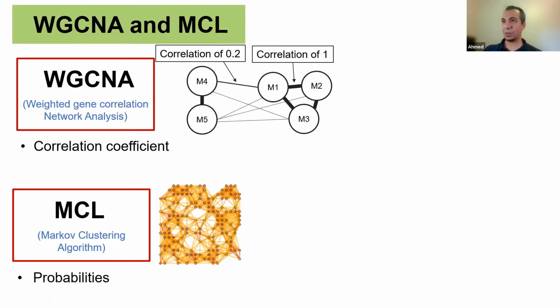So people, for example, do a BLAST between different proteins, and then you would extract the E values of this BLAST, transform these E values, and use them to build this kind of network. But again, this can be any kind of probabilities that you want to use to build these kinds of networks. So that's the first difference.